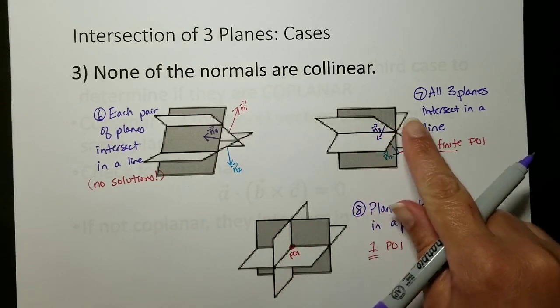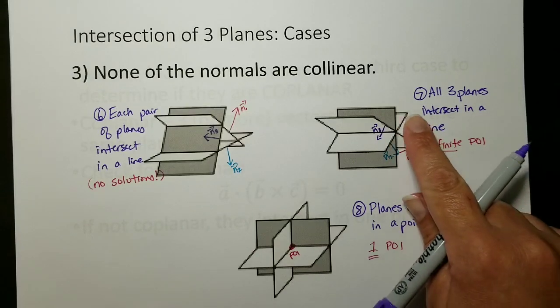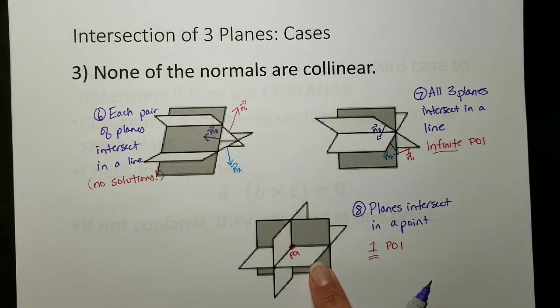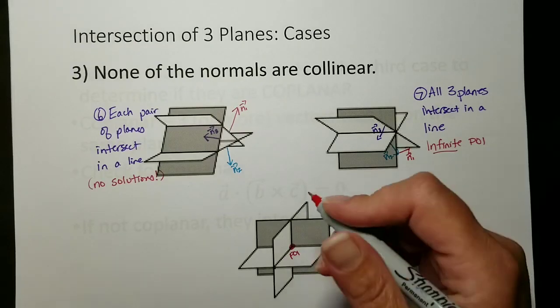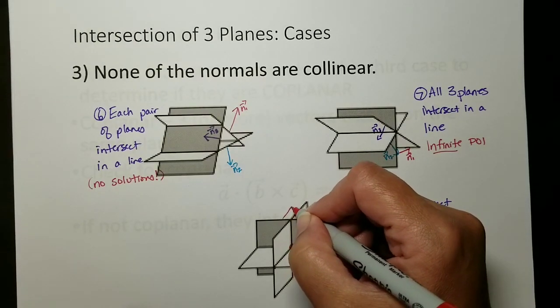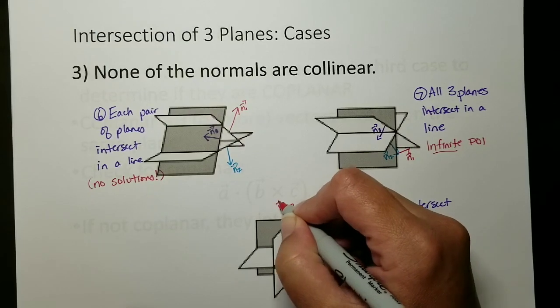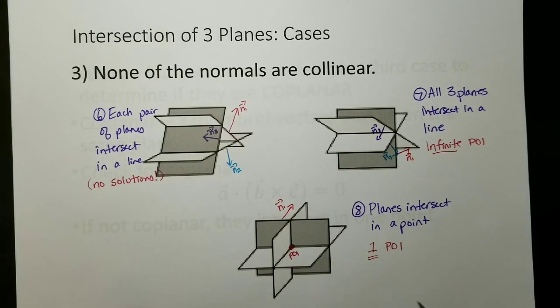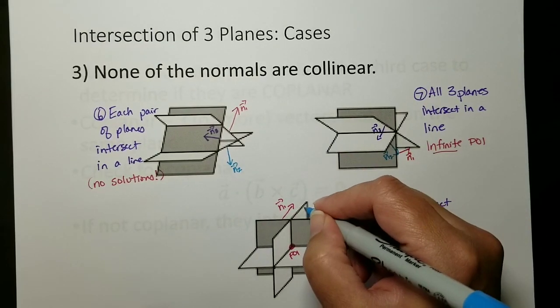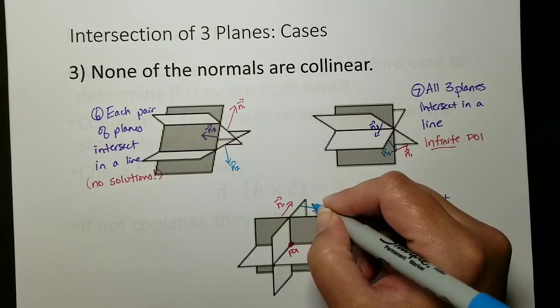But in these ones, again, all of the normals are going to be coplanar with each other, but in this one, they're not. In this one, the normals actually form the basis for space, because they will be going in different directions, and not coplanar.